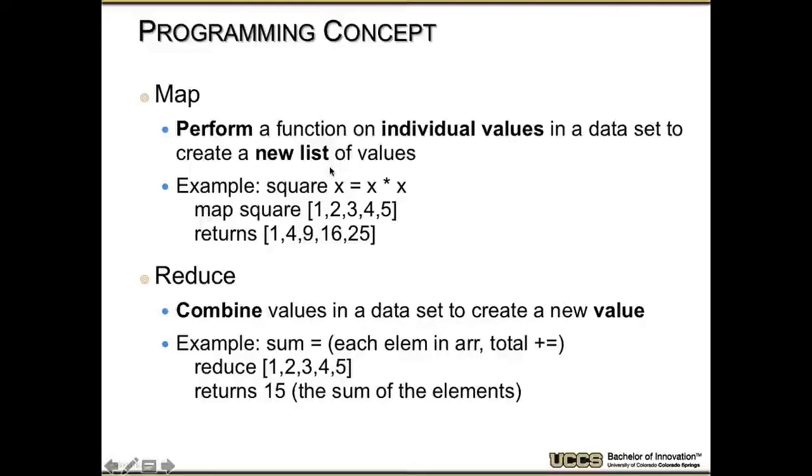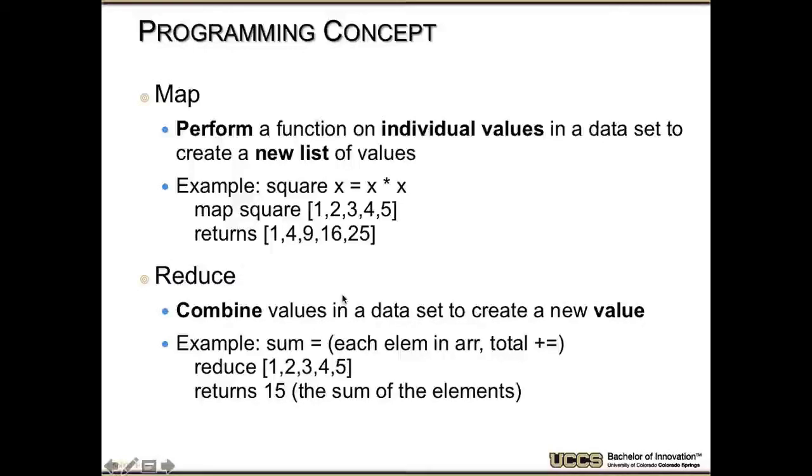So if I think of map as literally a mapping function, a lambda function in Python or in Lisp, I have a function, may or may not have a name, but if I have the function square that takes in one item and squares that item, then the map of square to the list 1, 2, 3, 4, 5 would return the list 1, 4, 9, 16, 25. Right? So map is literally an operator. It is in Lisp. It's an operator that applies a function over a list, and it returns a new list. Right? So it's the processing of the data.